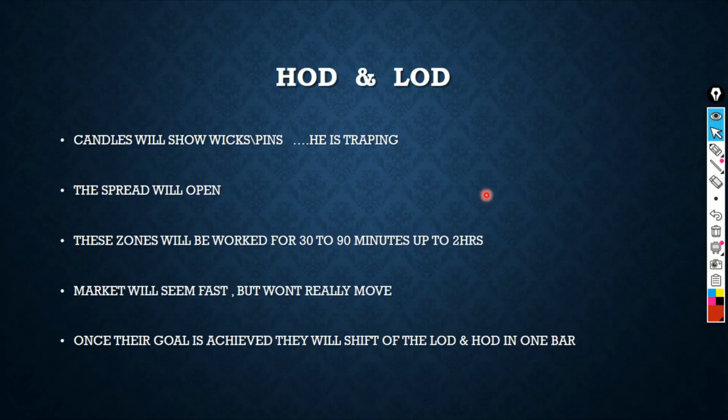Okay, so at the HOD and LOD, the first thing that you see is that the candlesticks will show wicks or pins to the side, which is tripping. So if you are at an M formation, you will see wicks to the high side. Pushing price, dropping it, pushing price down, pull it off, pull it off, pull it off.